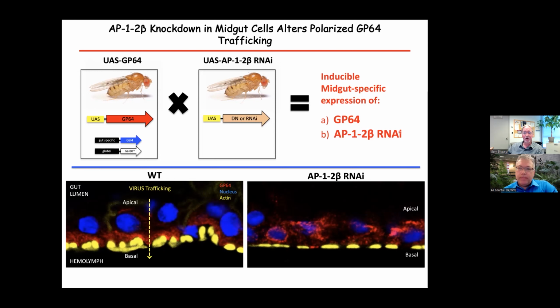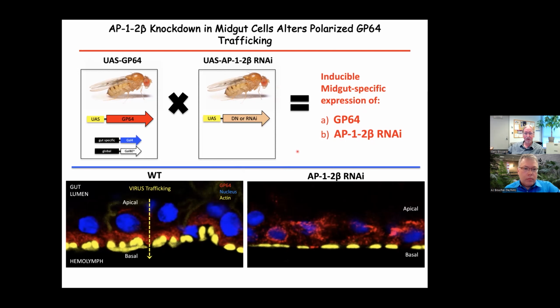This shows one experiment where we knock down one of the host cell proteins using RNAi in a fly line, express one of our envelope proteins, and we can see that it disrupts that trafficking.